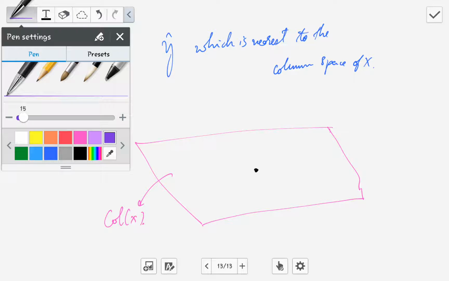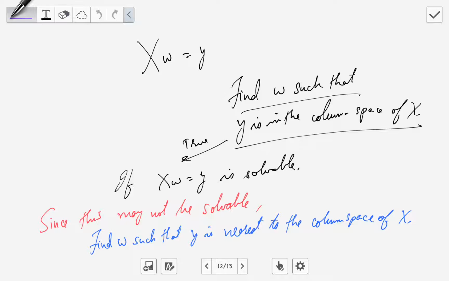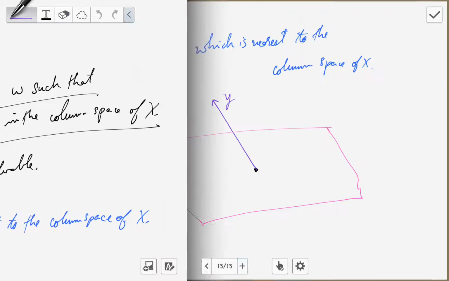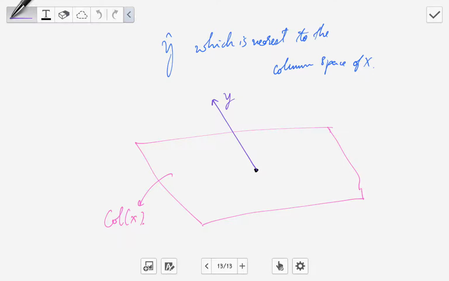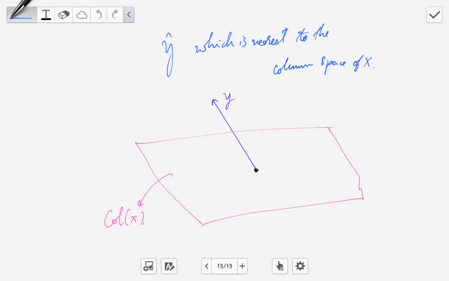Now if I wanted to represent y, the vector y would be somewhere outside, because it is not in the column space of X, assuming that this is unsolvable. So this y is outside X. So what I want to find is the nearest y cap.